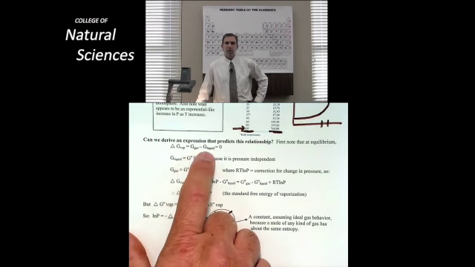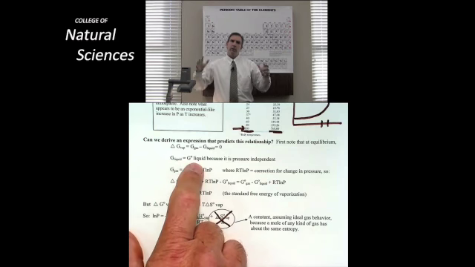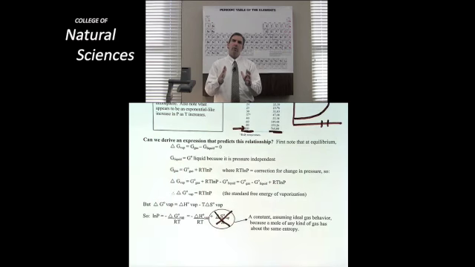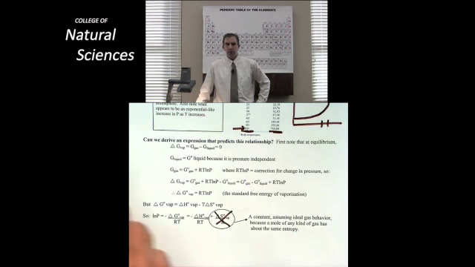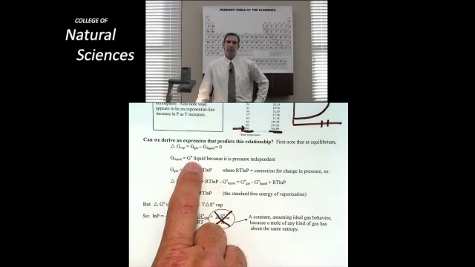First of all, G of the liquid is actually going to be pressure independent. Because if you think about liquids, when you try to put a pressure onto a liquid, there is no significant change in the free energy. The volume doesn't change, and as a result, we can end up saying that G of the liquid is equal to G naught of the liquid. So this becomes pressure independent.